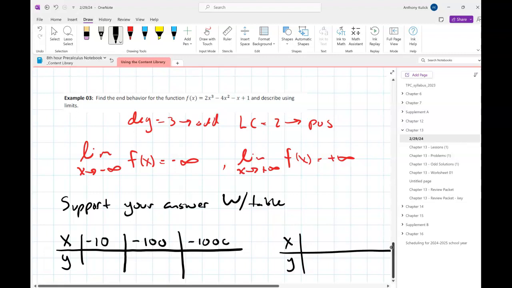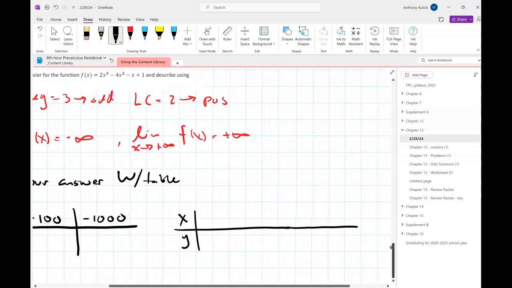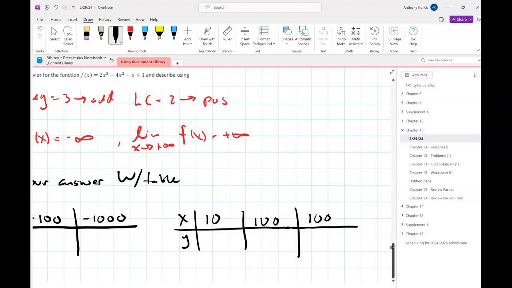For the left limit, I want those numbers to be getting smaller and smaller. There's nothing magic about the numbers negative 10, negative 100, negative 1,000. You could have picked negative 13, negative 257, negative 5,418, but why? I just picked these numbers because they're easy to type into my calculator, and that's what I'm going to be doing in just a second. And then for the right-hand limit, I'm going to do the same thing, except I'm going to use positive numbers.